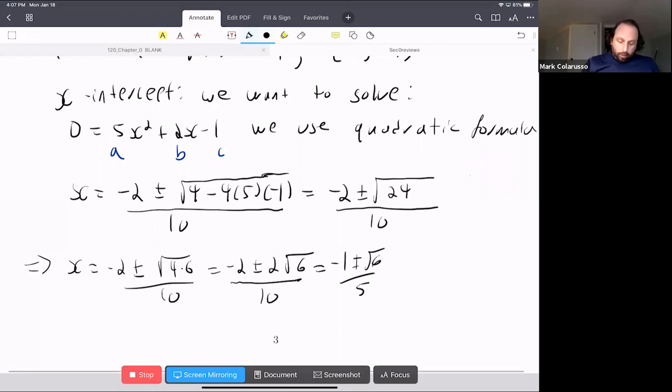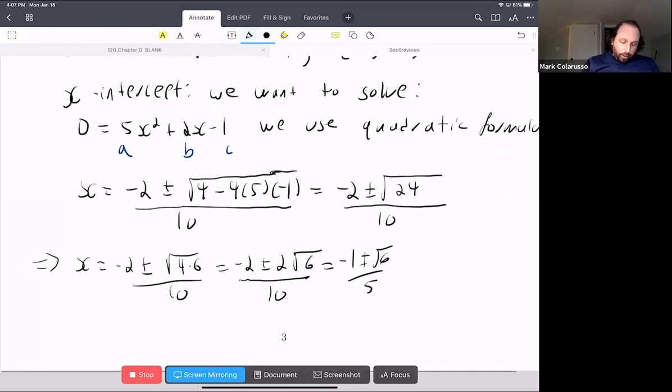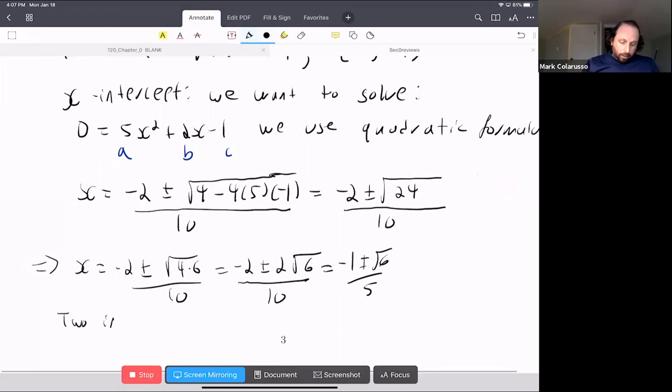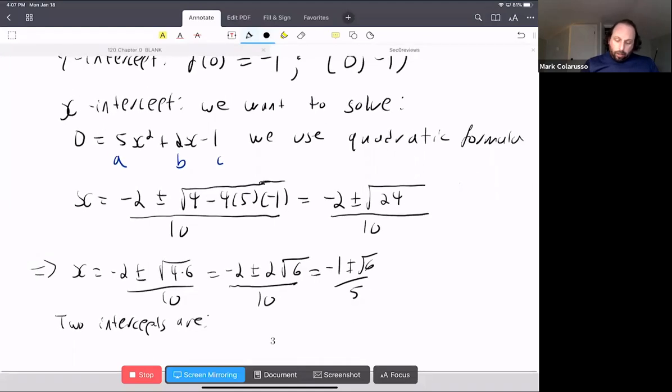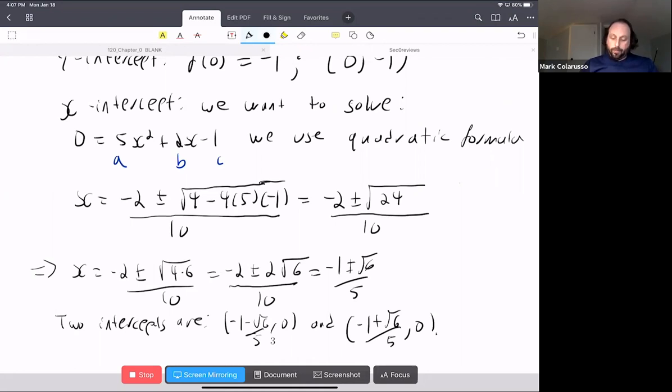So the two intercepts are, it doesn't matter which order you put them, minus 1 minus root 6 over 5, 0, and minus 1 plus root 6 over 5, 0.